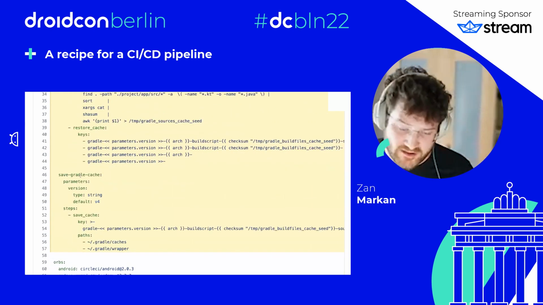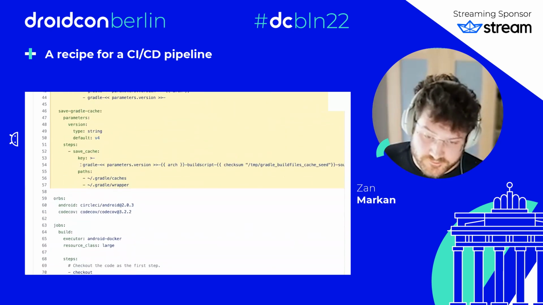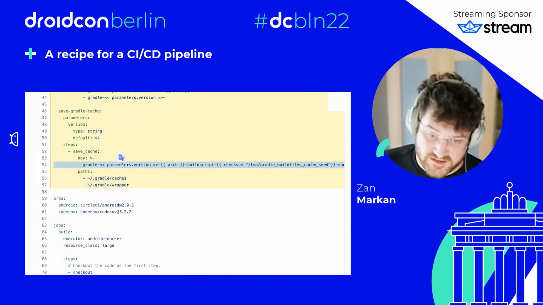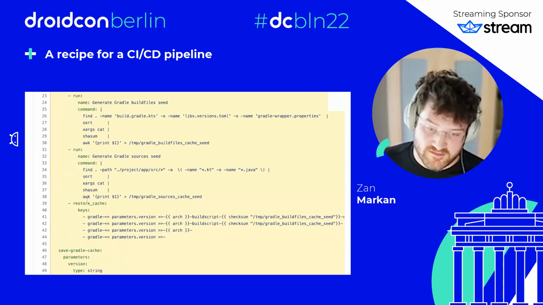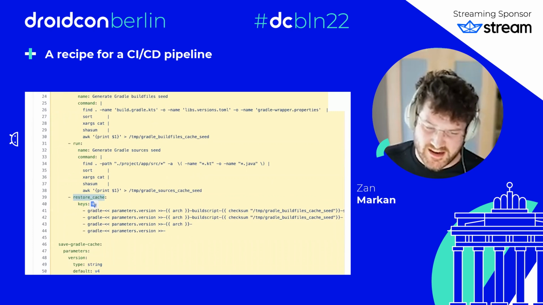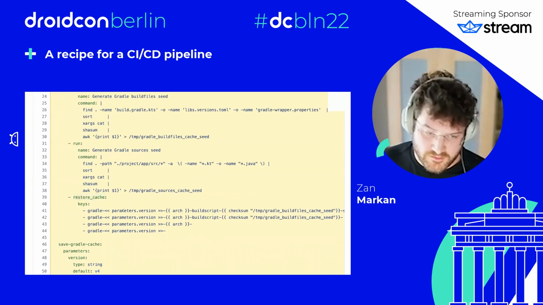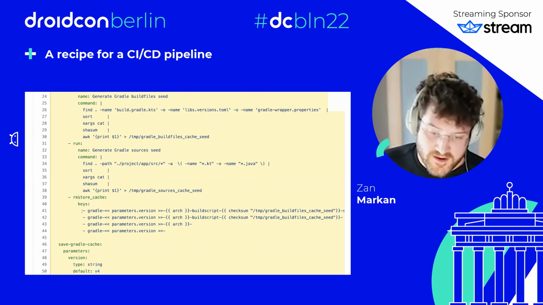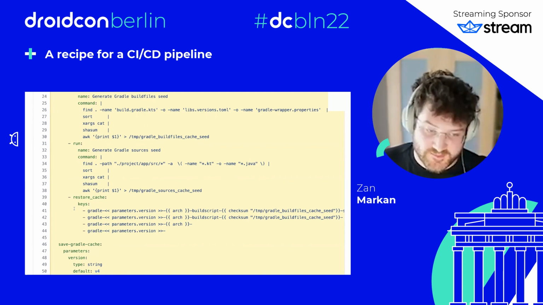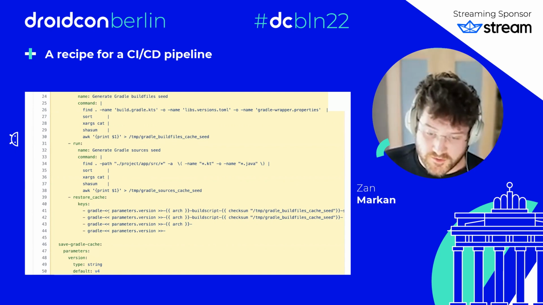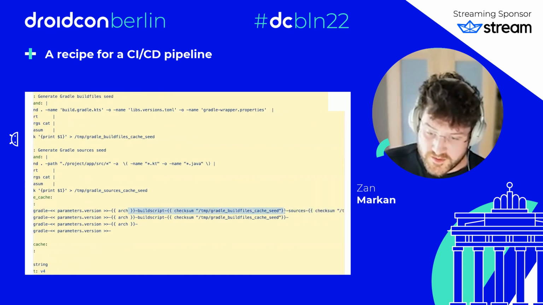And then save Gradle cache again takes these files, so Gradle caches and Gradle wrapper, and saves them under this key. And when you come into this restore cache, which is built into Circle CI, it looks into our cache mechanism and looks for the first matching key. So you go specific and then less specific, less specific, less specific. So if your sources have changed, you can still reuse the build script caches.